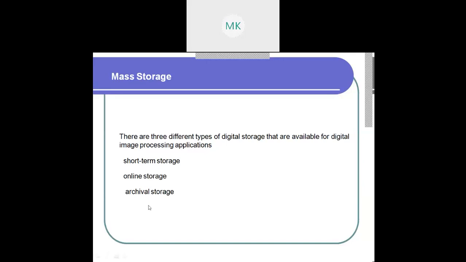Then second is online storage. Online storage takes the form of magnetic disk or optical media storage. Short term makes use of frame buffers as well as the computer memory. Online storage makes use of magnetic disk or optical media storage.